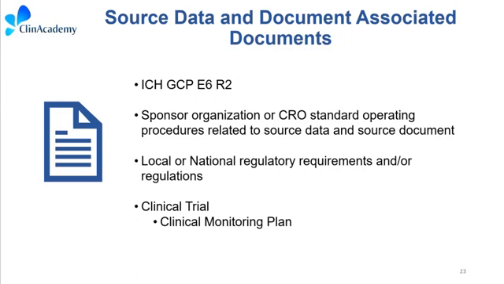You can also find requirements of source data and source documents from your local or your national regulatory requirements and/or regulations. Certainly, you can also find them in your clinical trial specific documents such as your clinical monitoring plan.